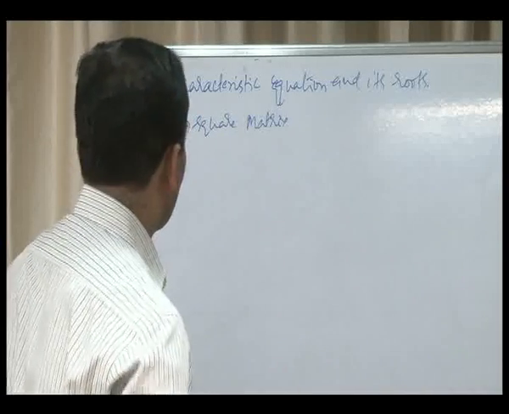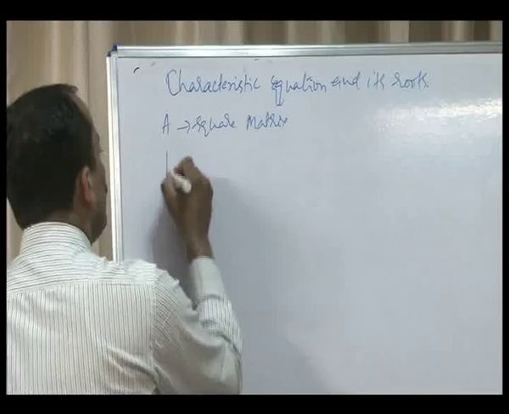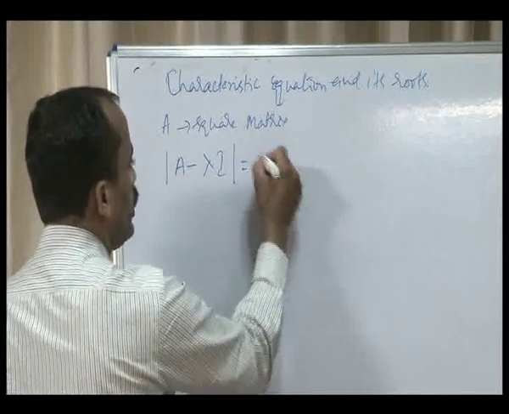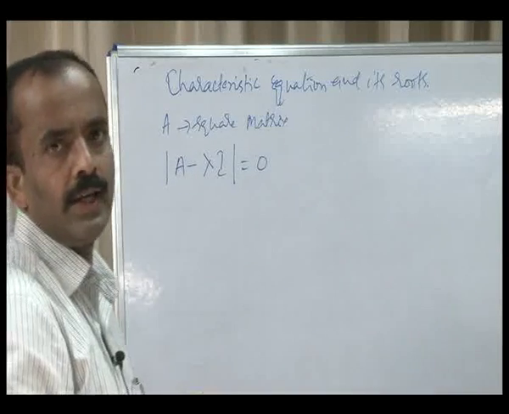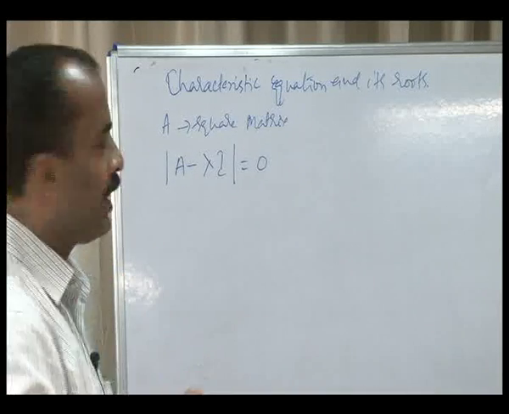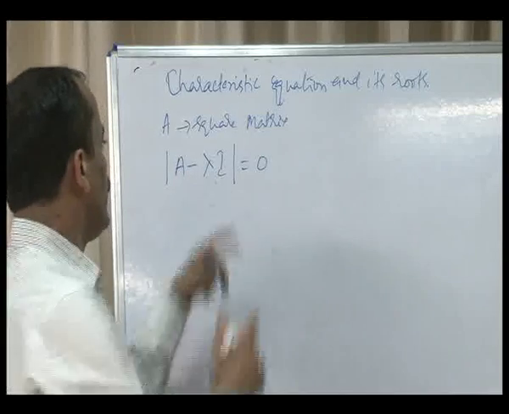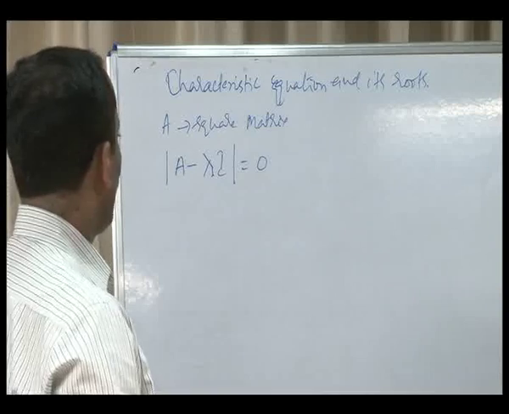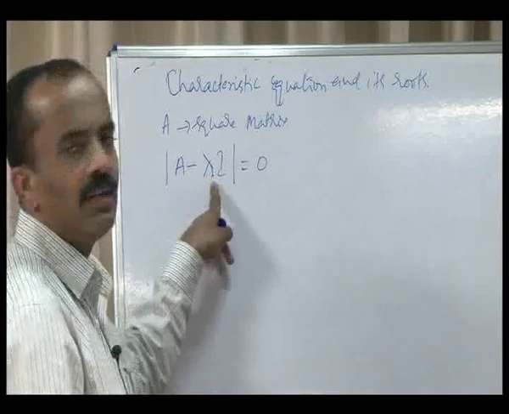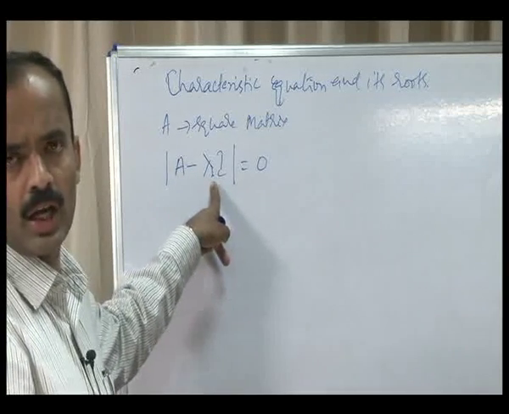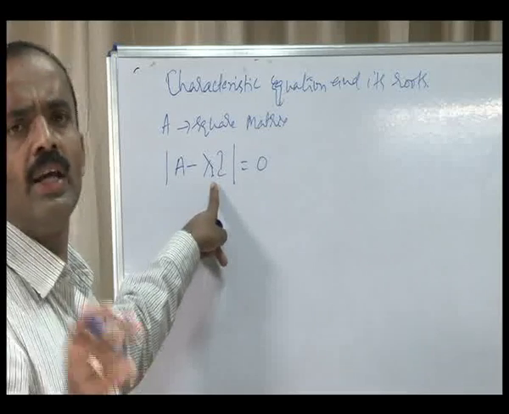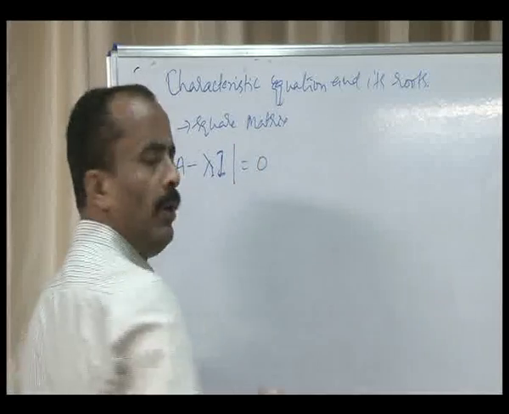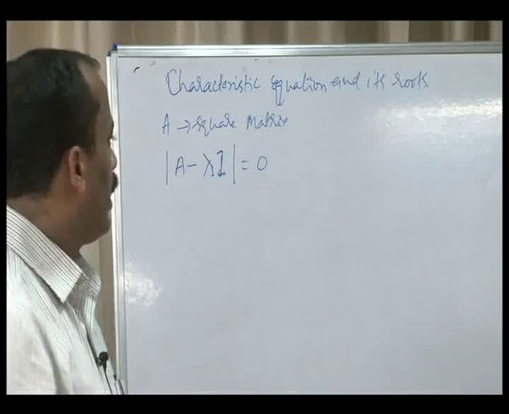It is a must. Now, determinant of A minus lambda into I is equal to 0 is called the characteristic equation of a square matrix, where A is a given matrix, lambda is called a constant of the matrix, or it is also called an eigenvalue, and I is the identity matrix or unit matrix.